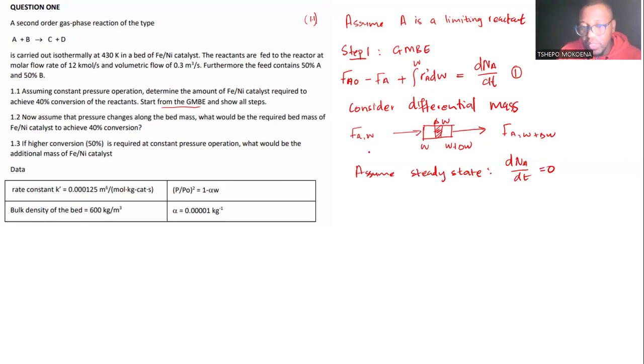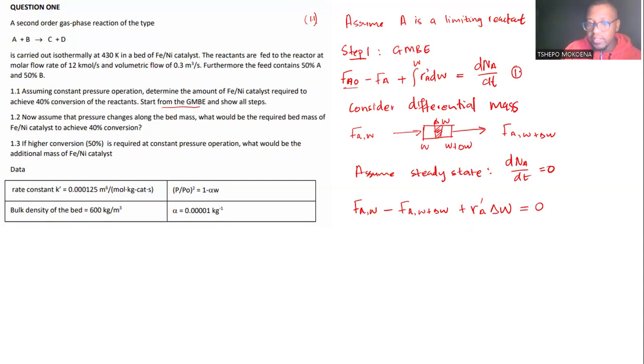So now initially, we're going to have this guy over here, which is F sub A, comma, W, subtract F sub A, comma, W plus change in W. And then over there, we're going to have plus rate of reaction with mass of catalyst multiplied by change in W. And then this will definitely be equated to 0.